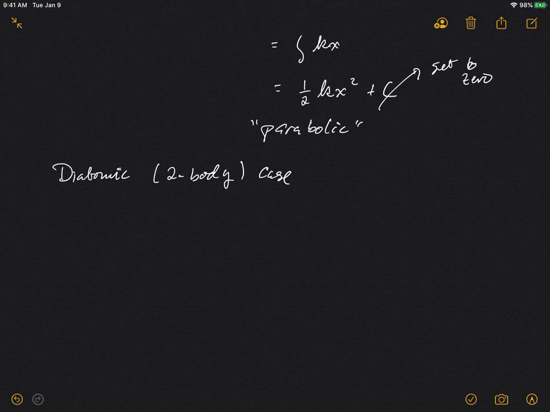So instead of having a single particle attached to a wall, let's say we have 2 particles with masses m1 and m2.